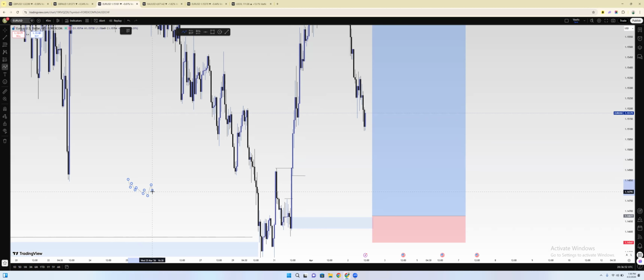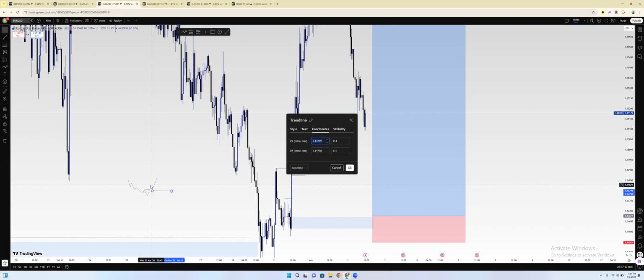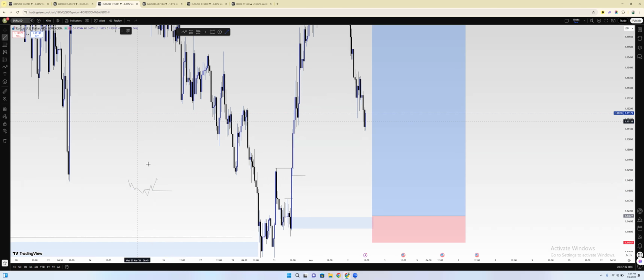For this inducement liquidity to be valid, it needs to take out this candle that caused your market structure shift. The body, your liquidity needs to close above the body.